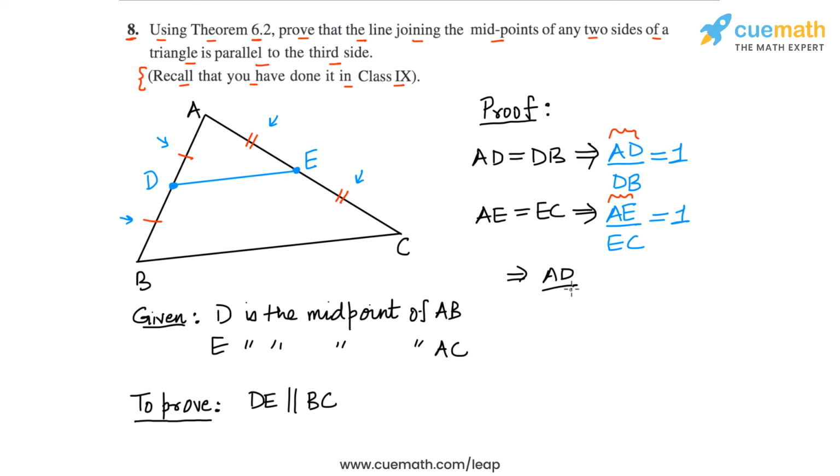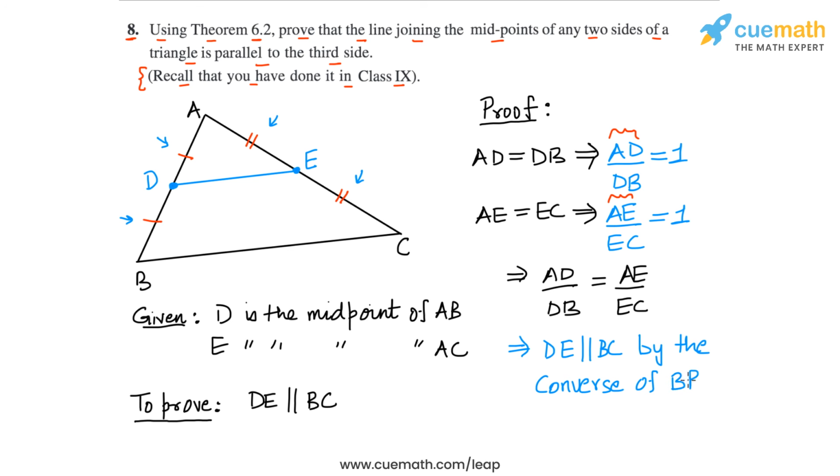So AD by DB is equal to AE by EC, and therefore we can say that DE is parallel to BC by the converse of the basic proportionality theorem, right? Because DE divides AB and AC in the same ratio, therefore DE must be parallel to BC. So this is what we had to prove, DE parallel to BC, and with this we have completed question number 8.